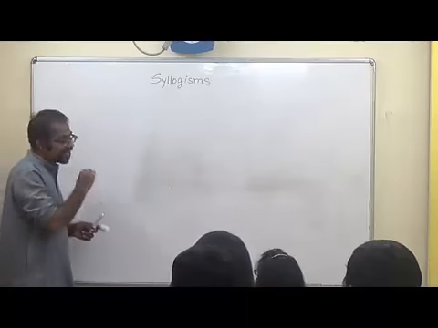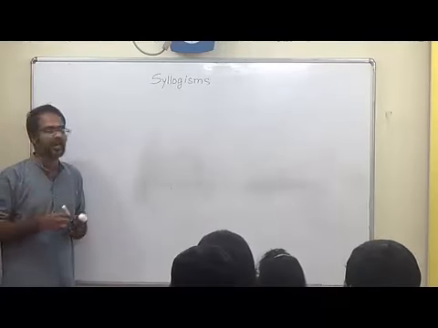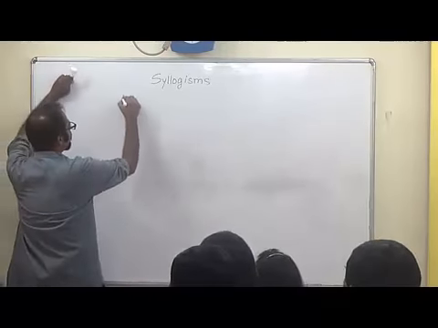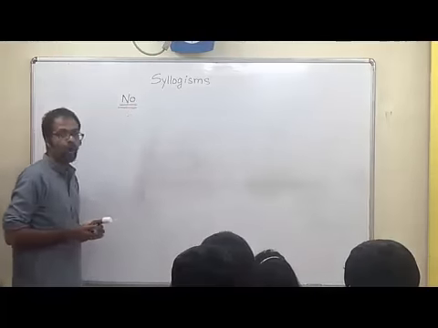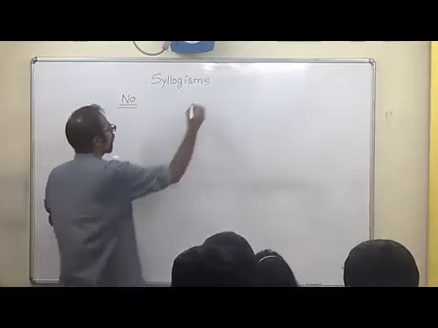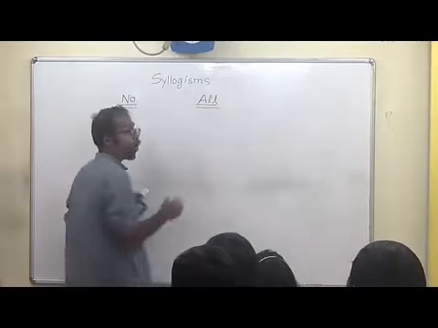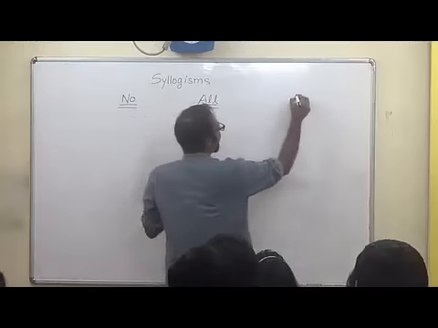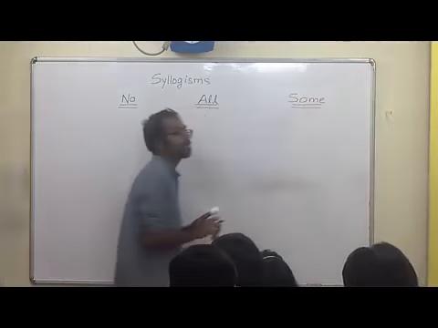So, sentences in syllogisms or deductive reasoning are divided into 3 special categories. One is a sentence which has the word no or none in it. One is a sentence containing all. And one is a sentence which contains the word some.